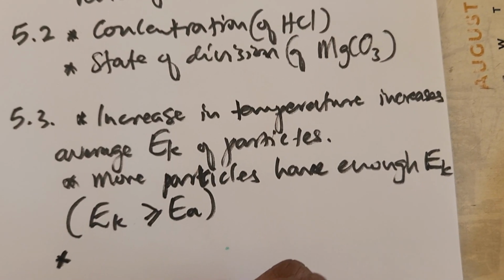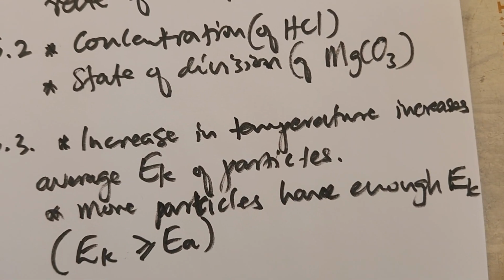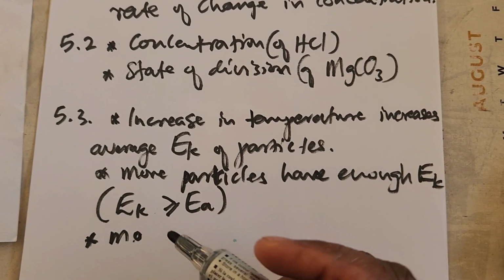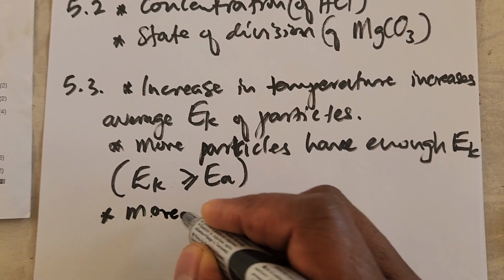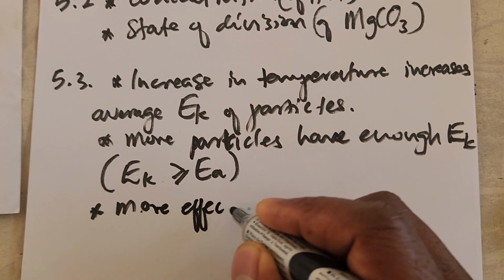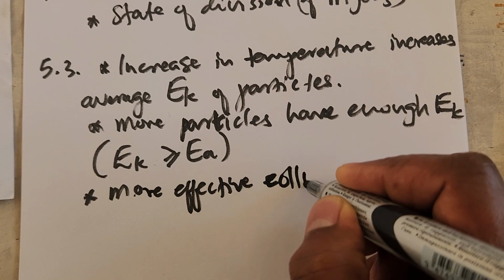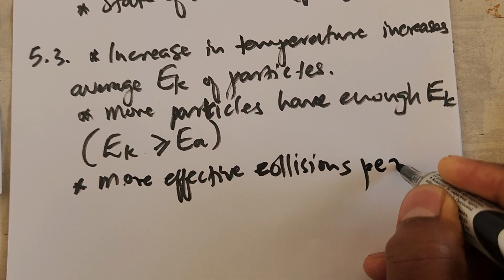Then the third mark will be once more particles have got enough kinetic energy, therefore more effective collisions per unit time.